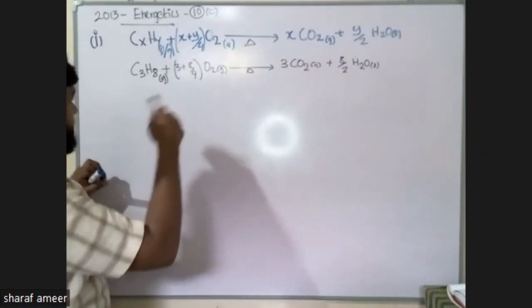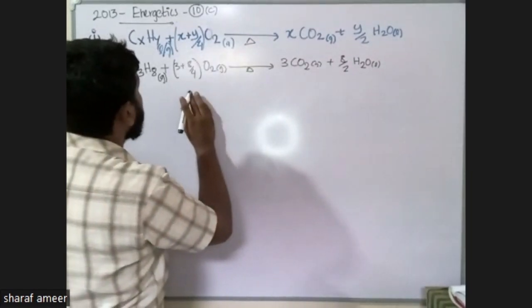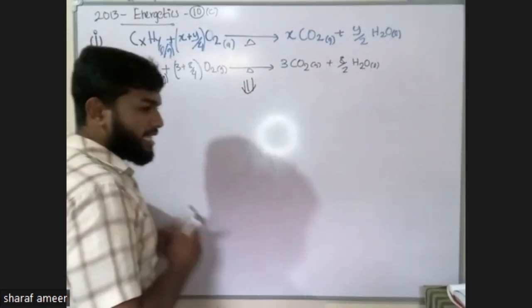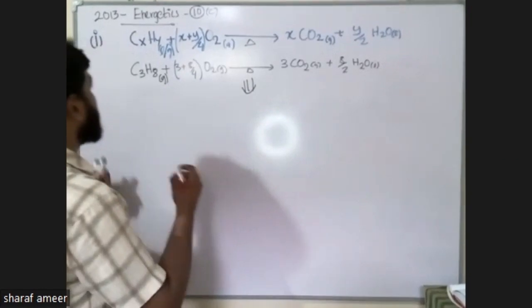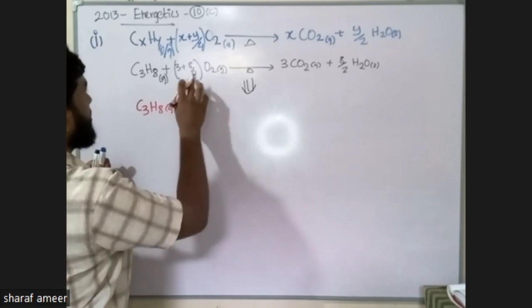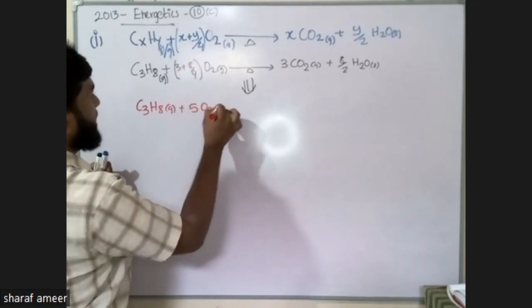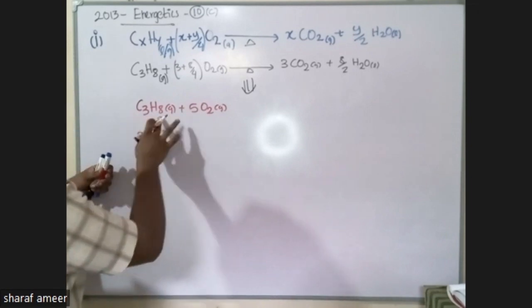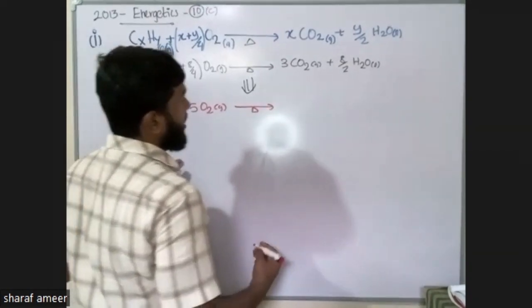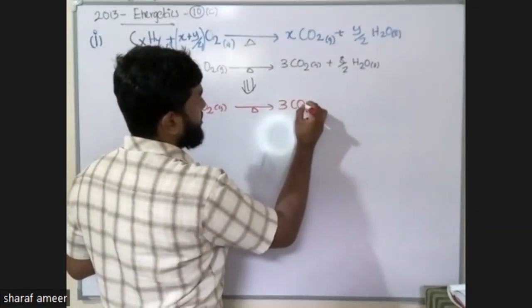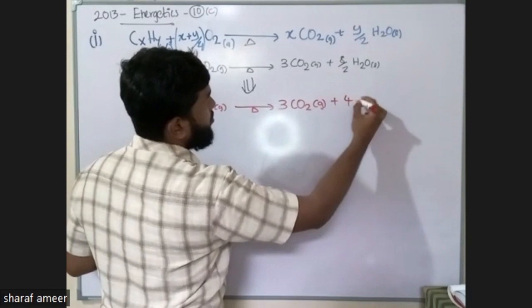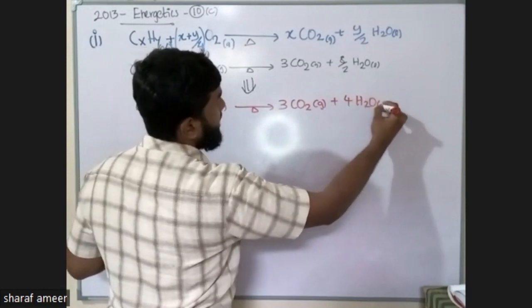If you simplify this, you can get the equation: 1 mole of C3H8 gas reacts with 5 moles of O2 gas to provide 3 moles of carbon dioxide gas plus 4 moles of H2O liquid.